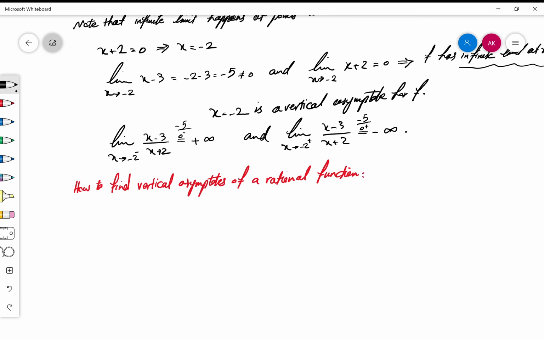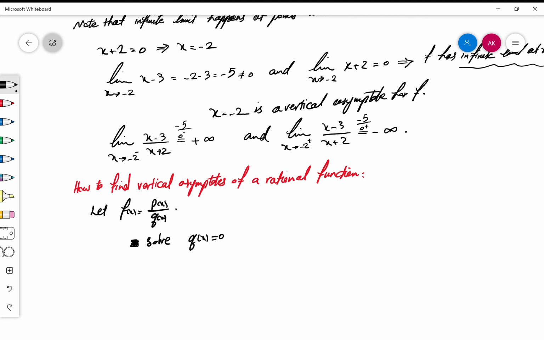So let f of x be p of x over q of x. The first thing is to find all the zeros of the denominator. In other words, solve q of x equal to 0. Why? These are the points at which the denominator has 0 limit.